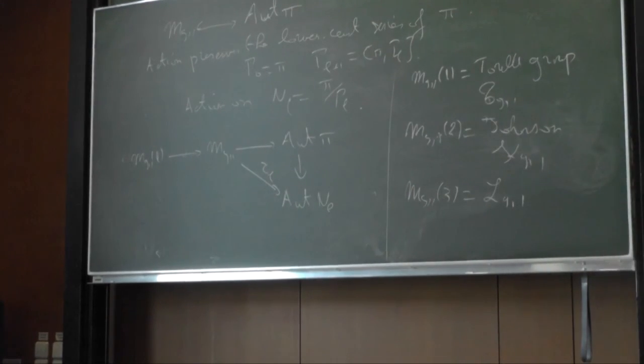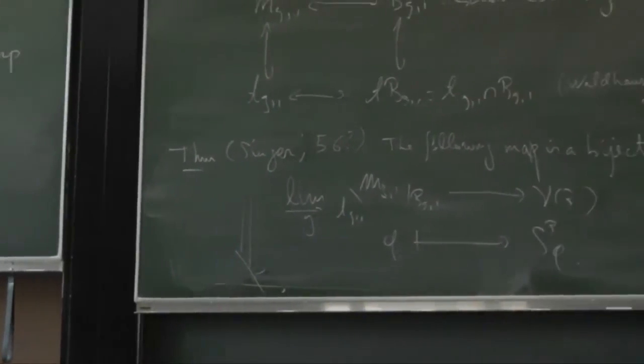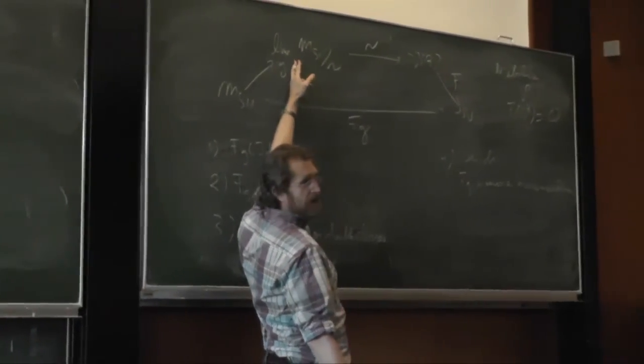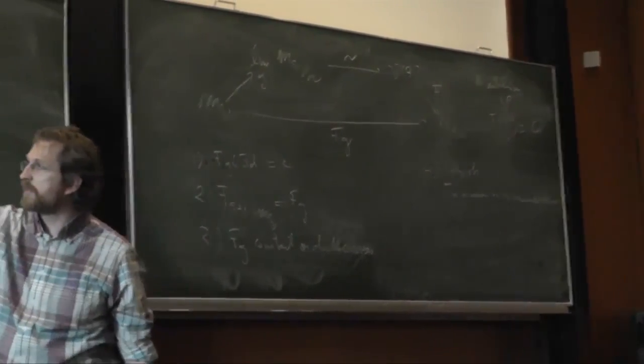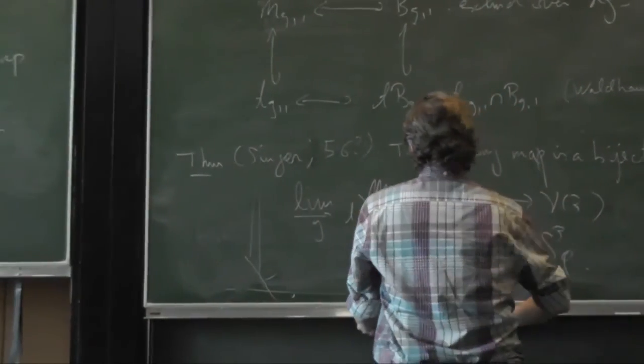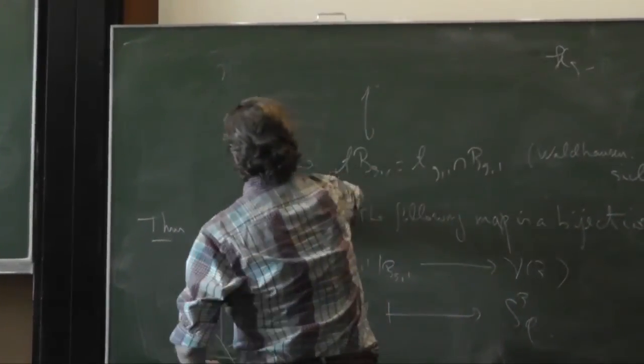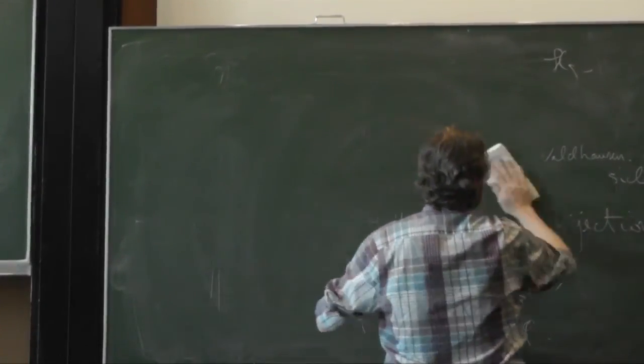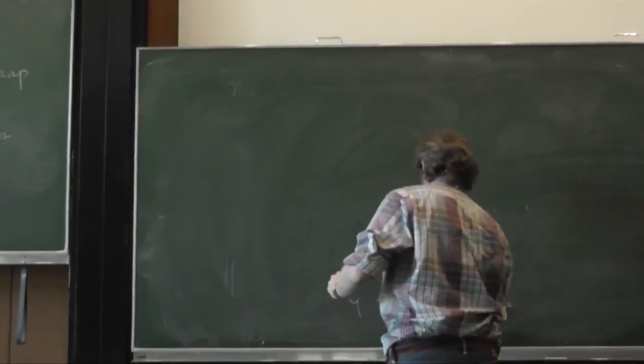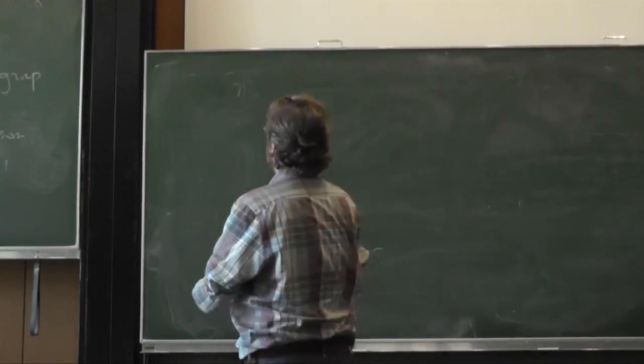And now we can try to play this game, but instead of looking at all the mapping class group, we only look at these subgroups. So we have a diagram. We have the same game.